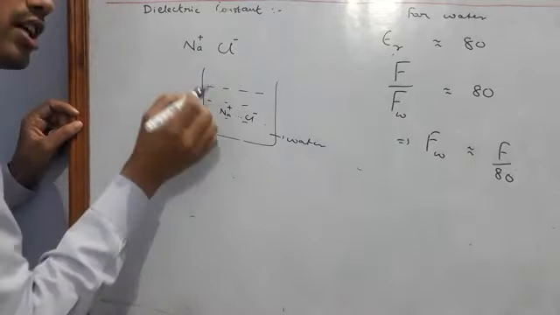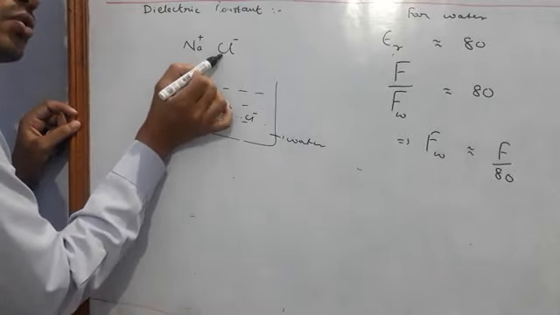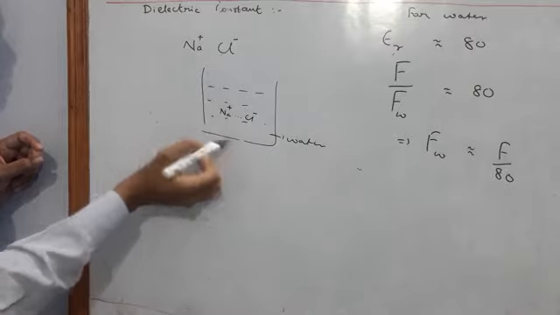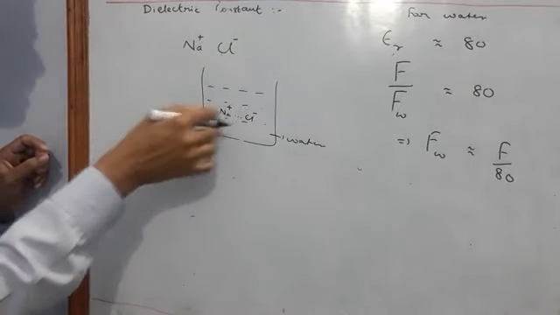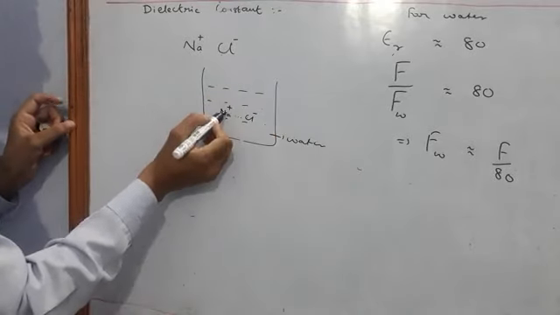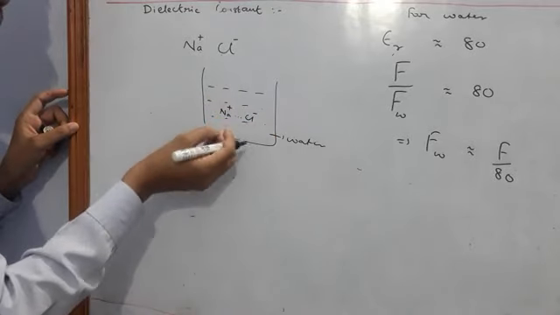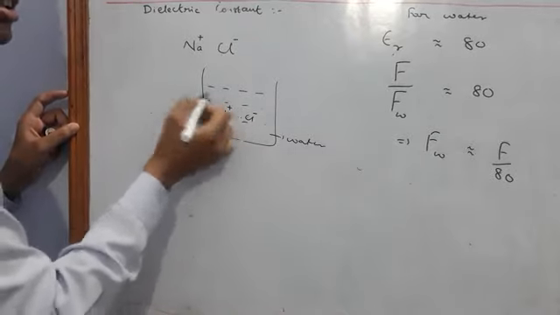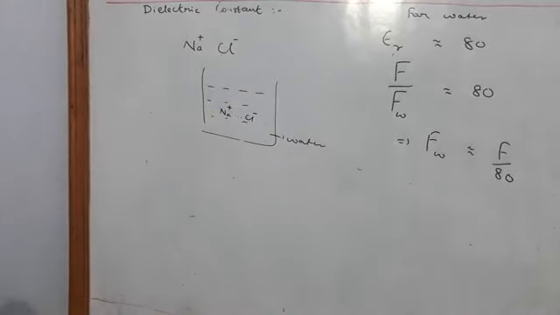That means the electrostatic force of attraction between these two gets reduced by 80 times when the salt is immersed in water. And once the force is reduced, they can easily be separated. So Na plus and Cl minus, after providing a little bit of energy, will get easily separated and they will mix easily in the water, resulting in dissolution of salt. So this is the meaning of dielectric constant, students.